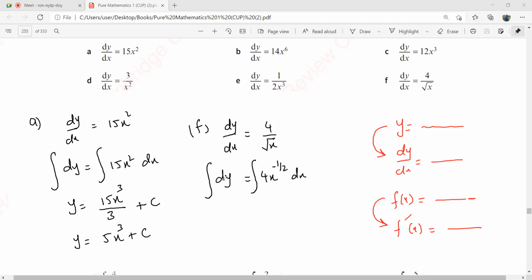So when you integrate dy, this becomes y, and this is 4x raised to power minus half plus 1. What is minus half plus 1? Half. So you must know that this is half and you have a half here. And then this becomes 8 under root x plus c. It's 8 under root x plus c, okay?